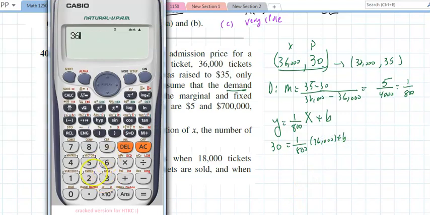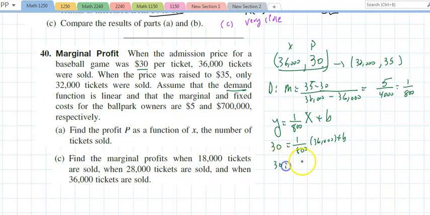So 36,000 divided by 800 is 45. So b is a negative 15.